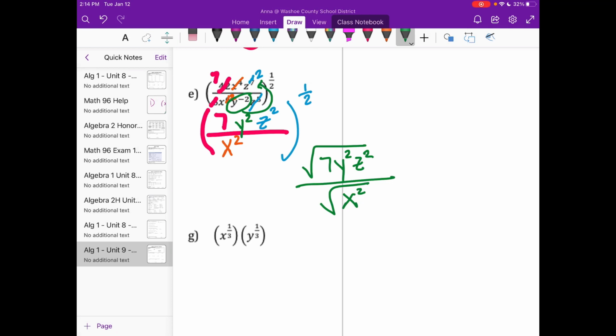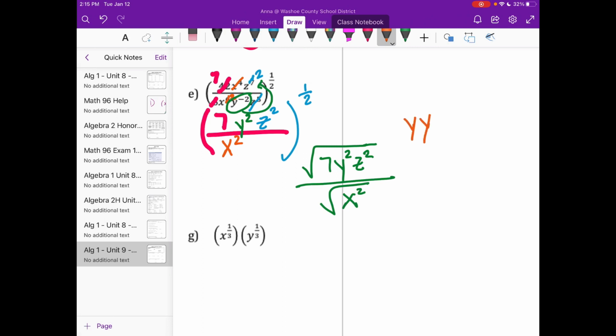The bottom tells me I'm looking for groups of 2, so I don't need to put a number out there, honestly, unless it helps me. So 7 is 7 times 1. There is absolutely no way I am going to get a group of 2 from 7. But the y's and the z's and the x's, oh yeah.